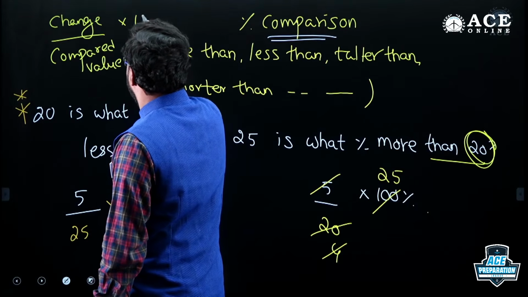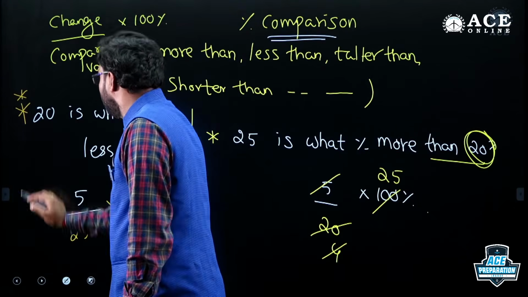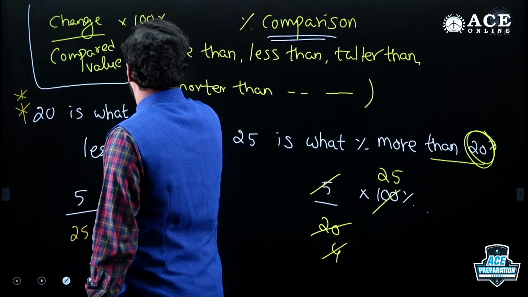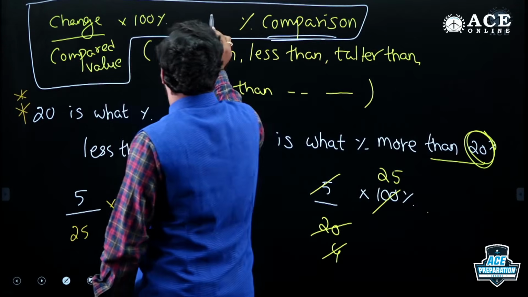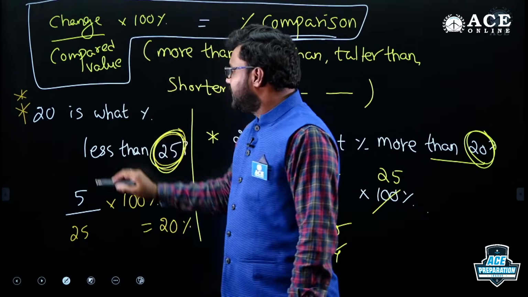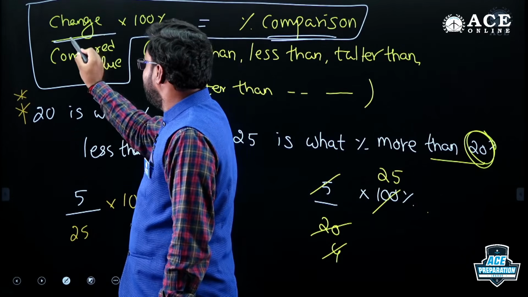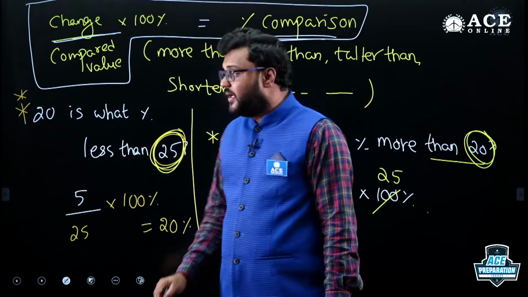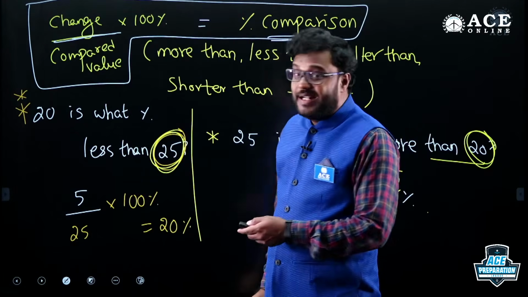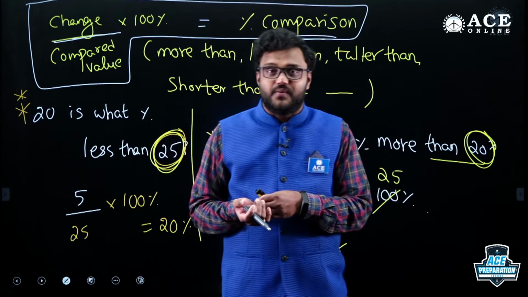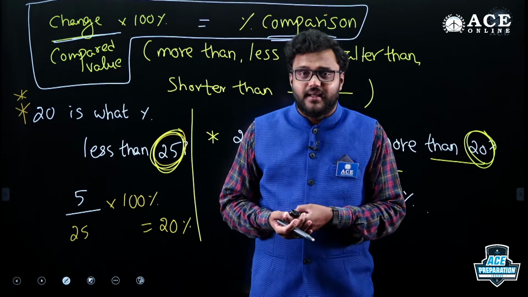If you want to do a comparison, change or difference, what is the difference between these two values? With respect to the compared value, the one you are comparing with, that should be the denominator, into 100. So among all percentage topics, percentage comparison is very important. Fraction to integer, all conversions, you can handle in the questions, right?